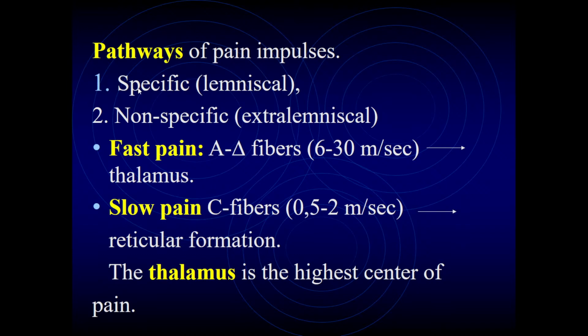Pathways of pain impulses: there are specific lemniscal and non-specific extralemniscal. The specific pathway goes along the A delta fibers with conduction velocity from 6 to 30 meters per second of the lateral spinothalamic tract to the specific nuclei of the thalamus and to the somatosensory cortex.